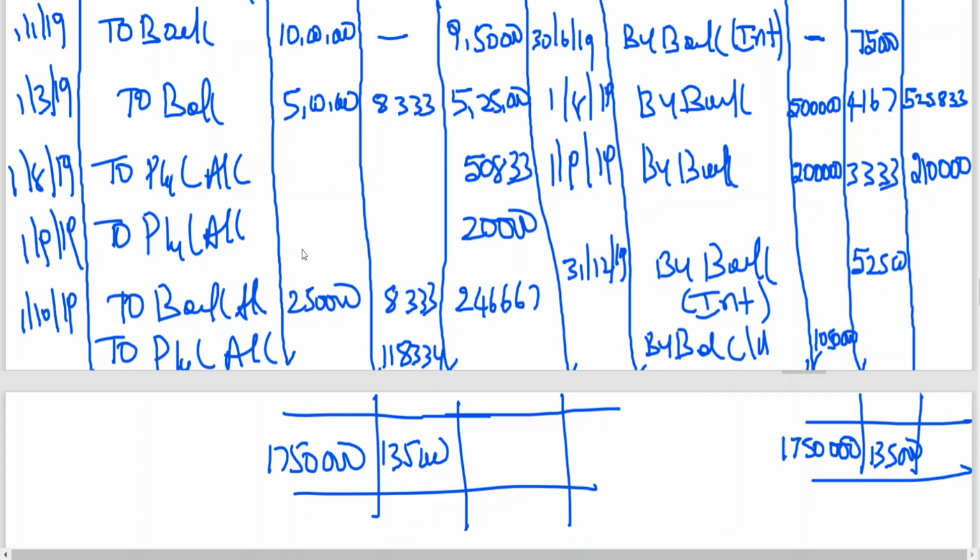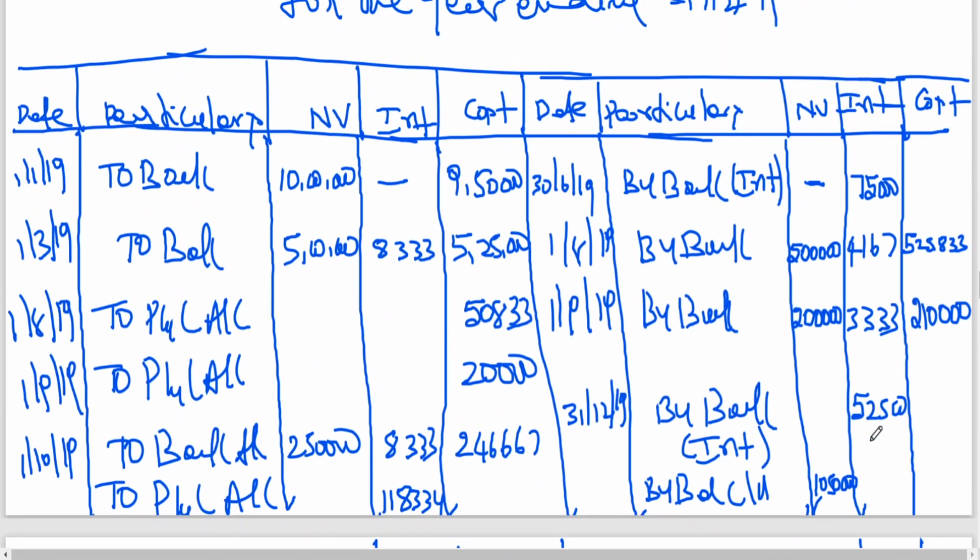Final net effect of interest. This is interest that is being paid at the time of buying the debentures, accrued interest. This is interest received at the time of sale of debentures. The interest which you are paying will be collected by the company. The interest that we are receiving will be received by the buyer. So ultimately, the amount that is transferred to P&L account is 1,18,334.